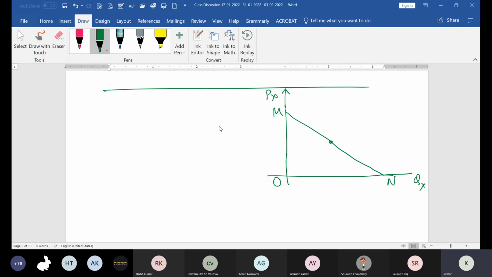Suppose point A is the middle of that line, and at point A you are interested in measuring elasticity. At this point, you draw a perpendicular.